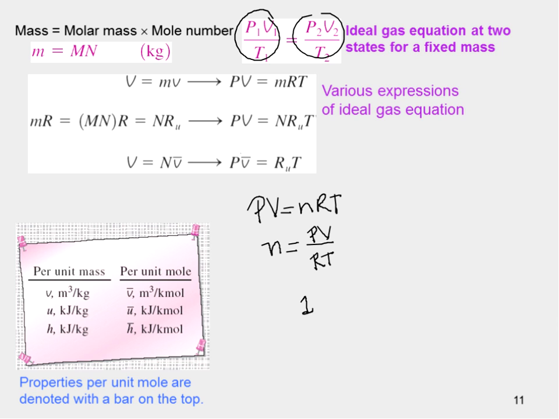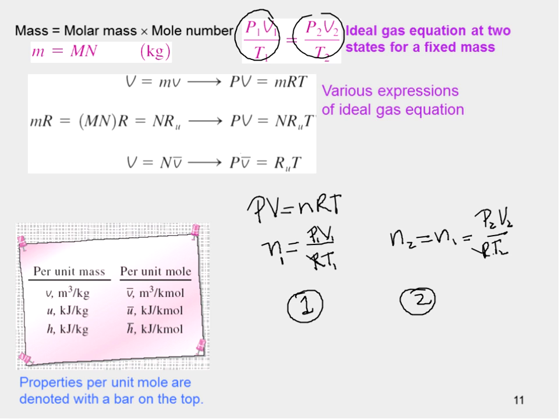So if you have gas going from state 1 to state 2, the one thing that remains constant is the mass. So it would be P1, V1 over R T1, and the mass in state 2 has to be equal to the mass in state 1, so it's P2, V2 over R T2.